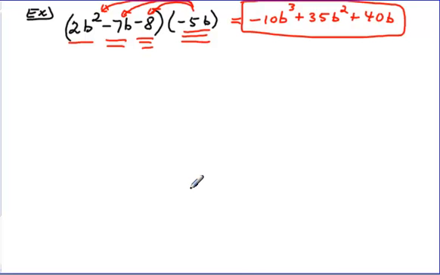Let's see if we can mix it up some. I mean, it's going to do the same thing. Don't get too excited here, but we'll do our best to find an interesting one. How about something like this?